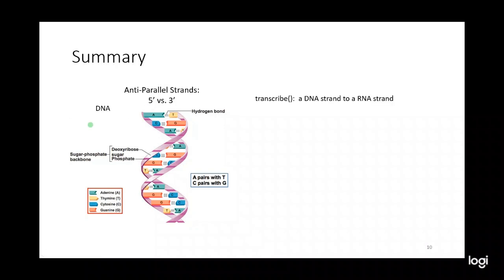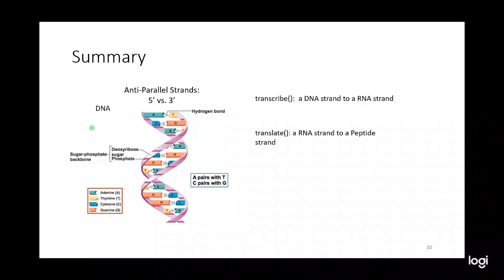We also learned how to perform computational operations on DNA and RNA sequences using Biopython. The transcribe function converts a DNA strand into an RNA strand. The translate function converts an RNA sequence into a peptide protein sequence.